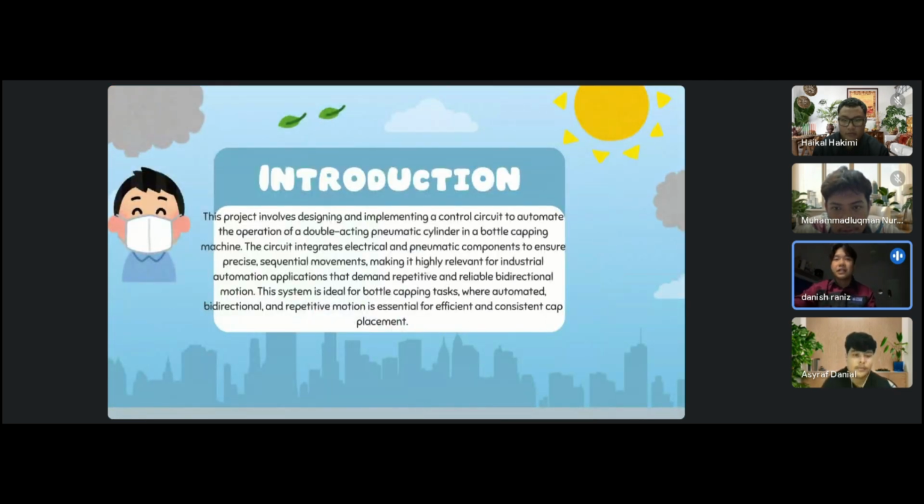For the introduction, this project involves designing and implementing a control circuit to automate the operation of a double-acting pneumatic cylinder in a bottle capping machine.